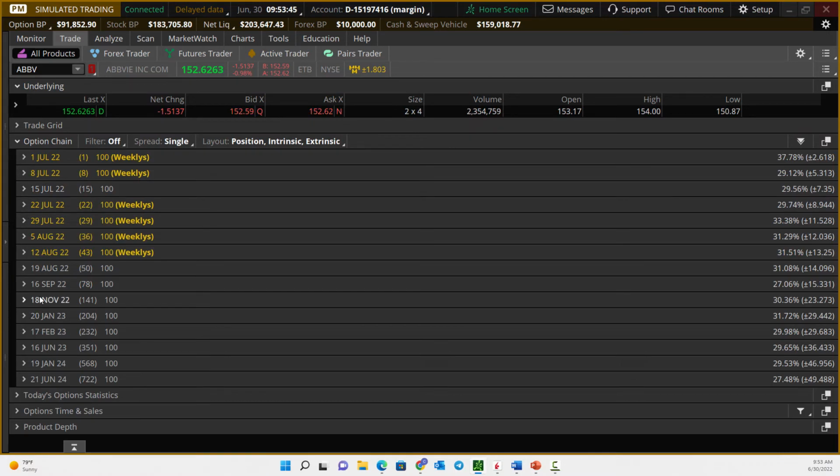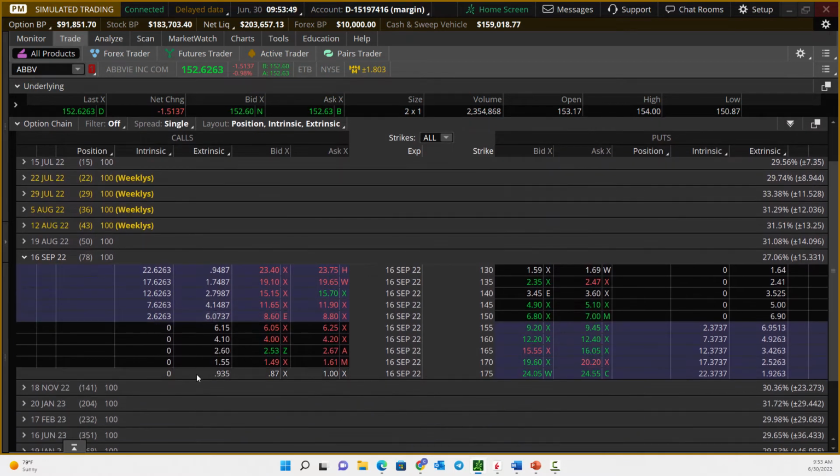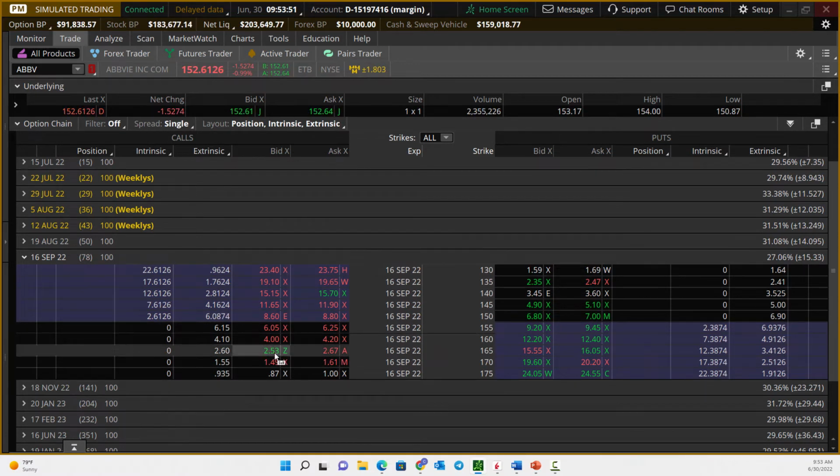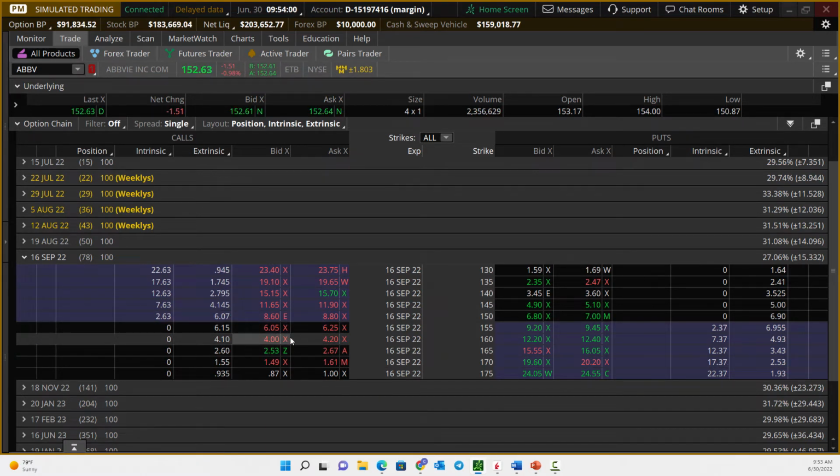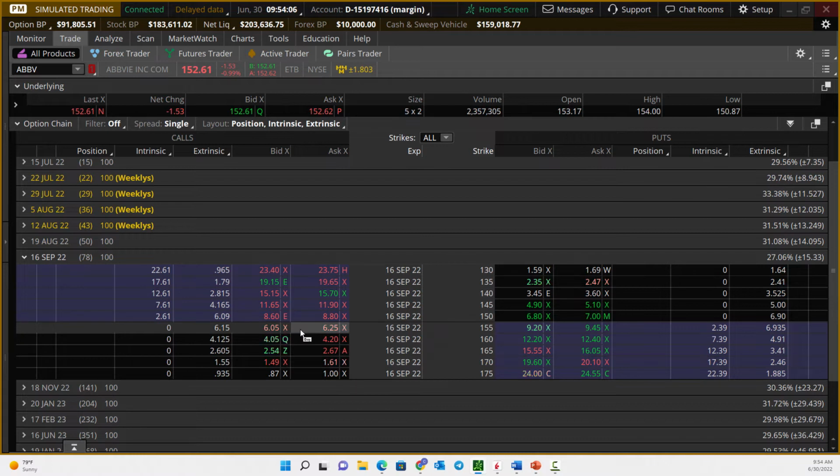So let's go even to the September options, a couple of months out in time. If I look at the bid-ask spreads, they're close enough together that it's doable and manageable, right? And I want to create a really wide spread. I want to have a big area. I don't want a really teeny tiny butterfly.